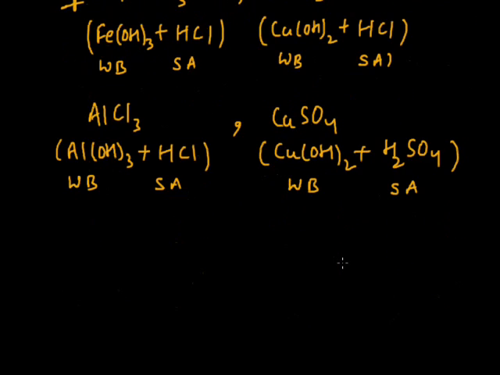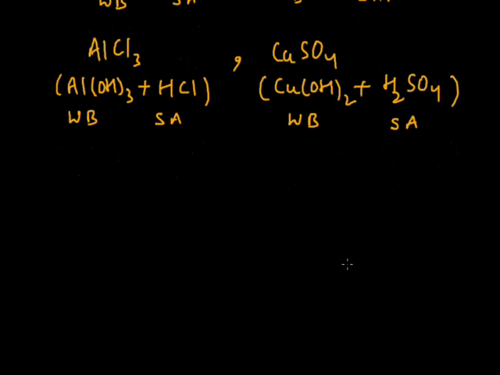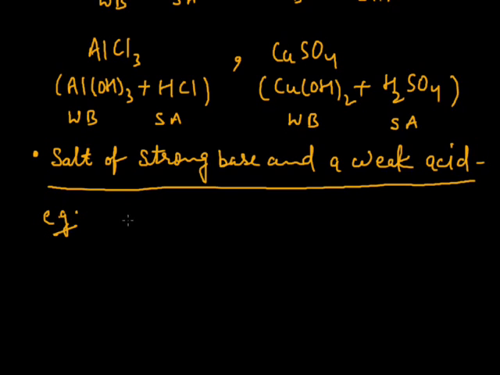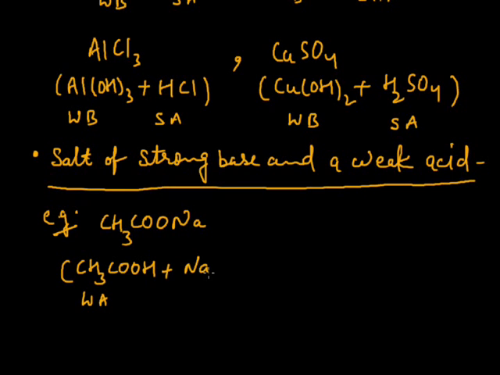The next type of salt is salt of strong base and a weak acid. Examples: CH3COONa formed by the combination of CH3COOH, a weak acid, and NaOH, a strong base.